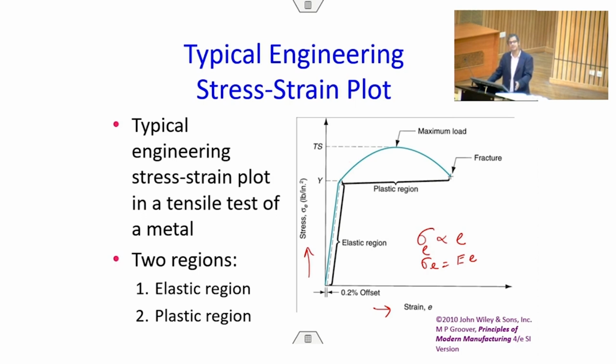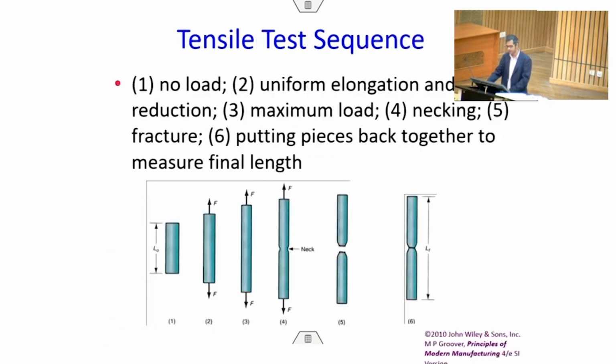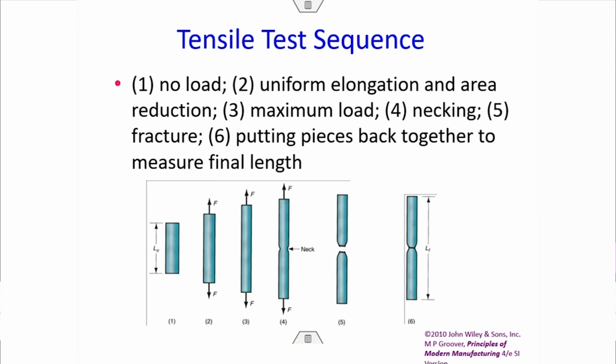Any deviation from that is indicated by the yield point or yield stress, and then the curve goes to a maximum. That corresponds to the maximum load and is known as the TS, or tensile strength, and then it follows a trajectory going downward. Finally, the material fractures. This is the same as what I showed you here. These snapshot views are reflected in terms of a stress strain plot.